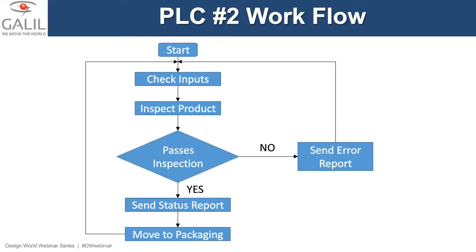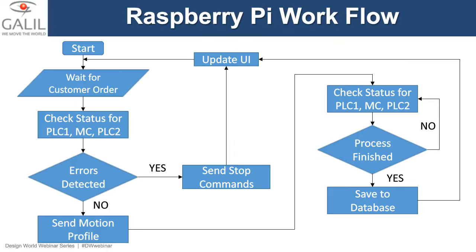So what is the Raspberry Pi doing while all this is happening? It's really doing the orchestrating of all the different systems. It may be checking and waiting for customer orders, checking your statuses and receiving error messages from all your PLCs. If it finds a fault, guess what it can do? It can stop the different systems to keep everything safe, all the while updating the user interface.